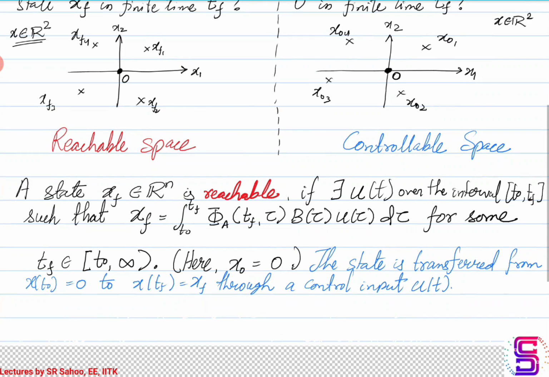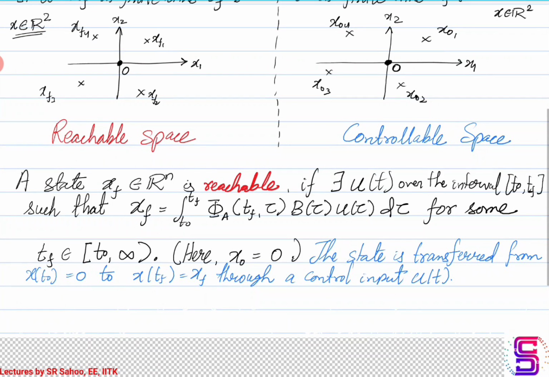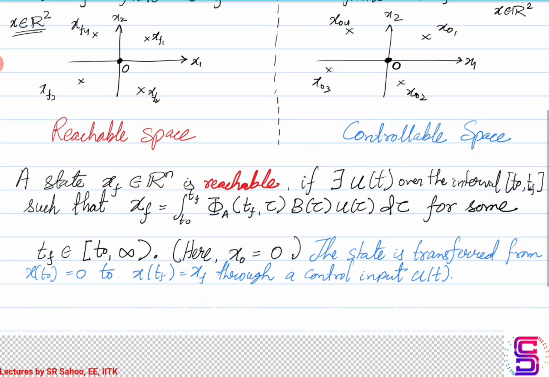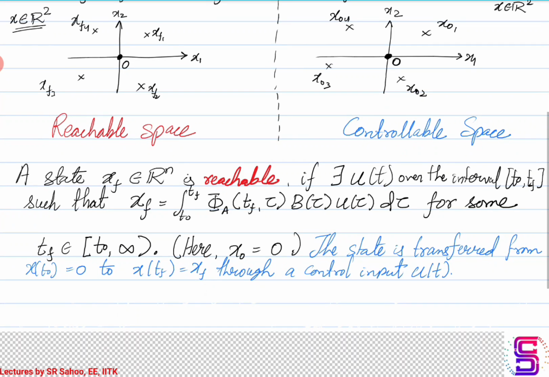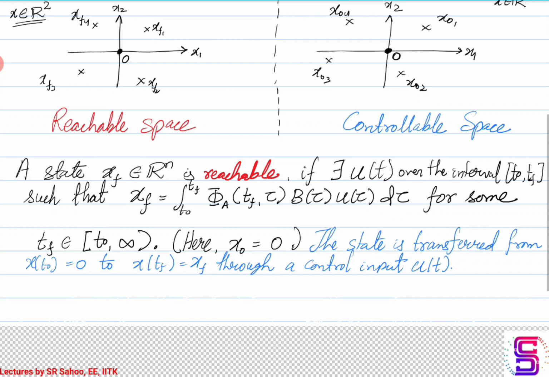The zero state response over a time interval from t0 till tf should be such that it reaches a state xf. That is why this relationship comes up. This is for some tf that is given to you in the interval t0 till infinity. So tf is essentially a finite time given and it is greater than t0.